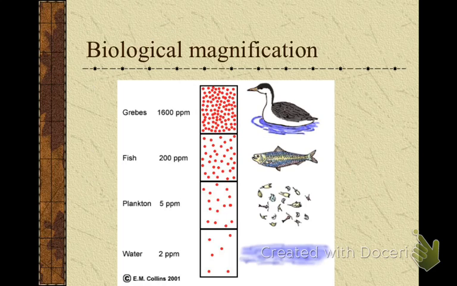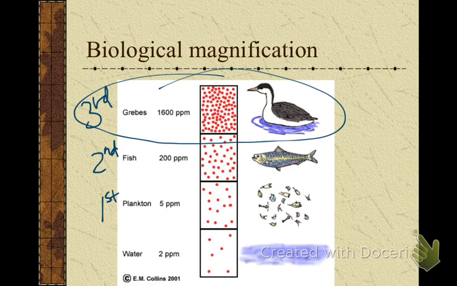So remember, this is your first trophic level, this is your second trophic level, and this is your top consumer, and this one will be the one that's impacted the most. What's ppm? Oh, sorry, parts per million. I did that in every class, forgot this one. Sorry about that. Parts per million. Thank you for getting them. You're welcome.